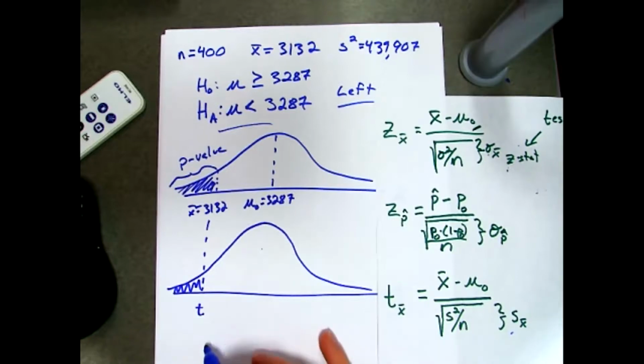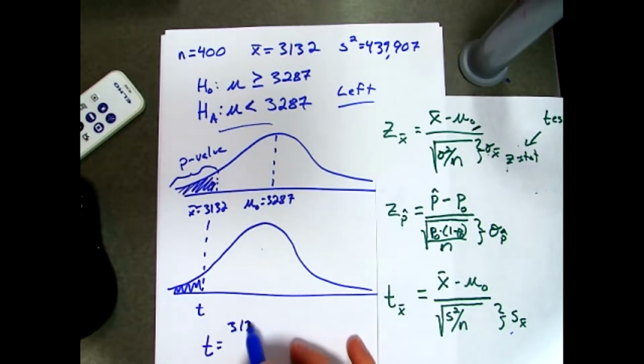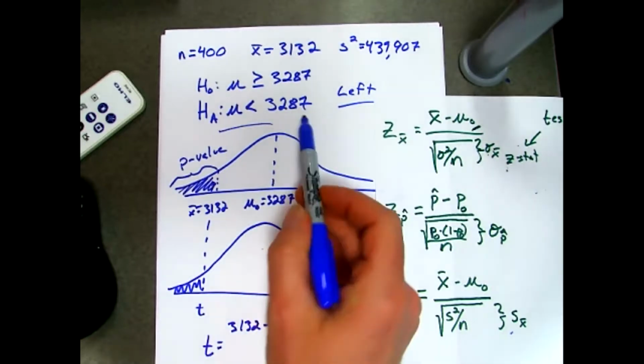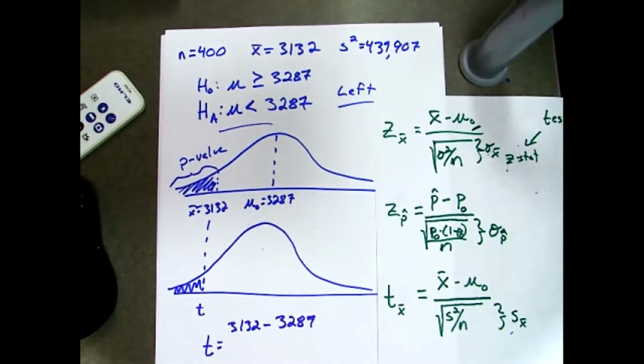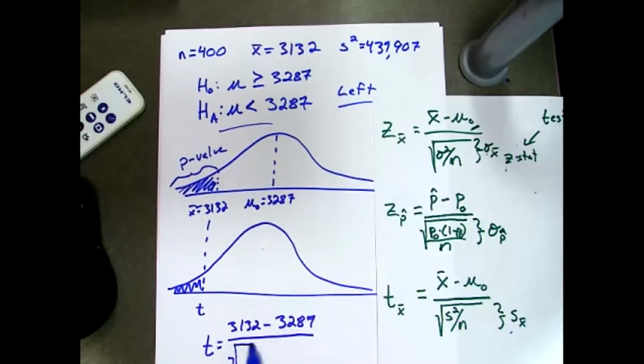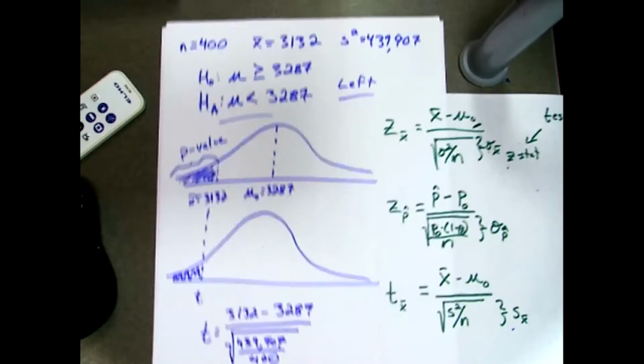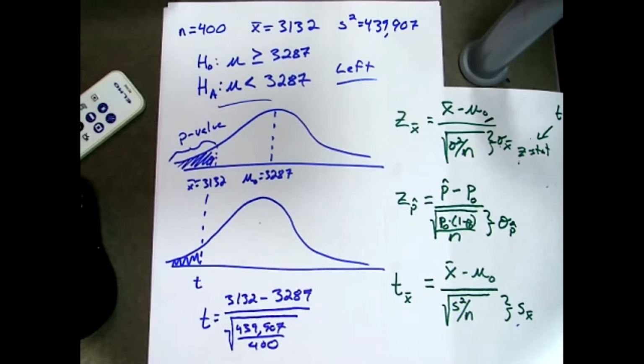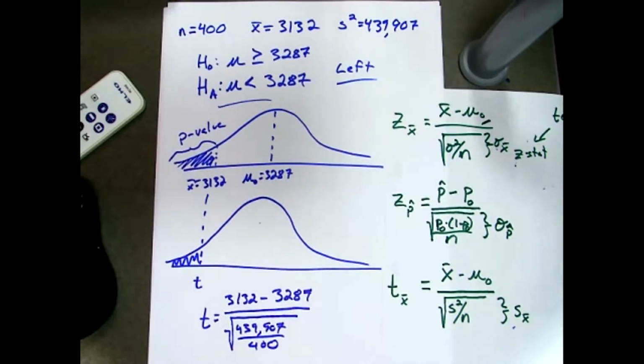So my sample mean is what? 3,132. The assumed true mean I was using was that 3,287 from the null and alternative hypotheses. I'll then divide by the square root of my sample variance, 439,907 over that sample size of 400. Okay. So I'm just plugging those values in.